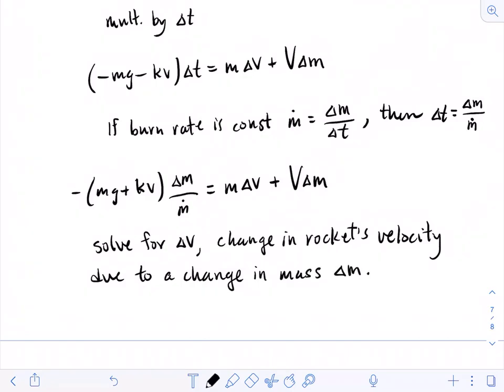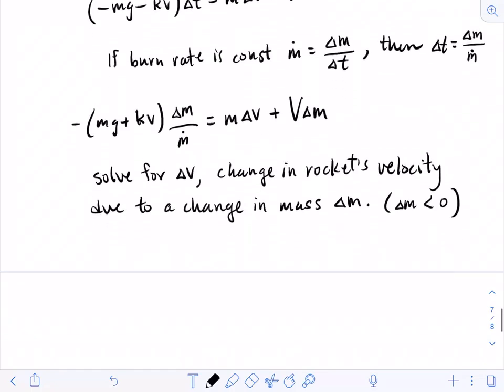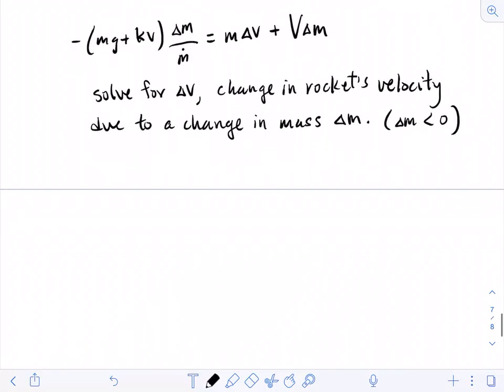So we've burnt some fuel, so that delta m is some negative number, and what we're really solving for is, as a result of that burned fuel, what is the change in velocity?